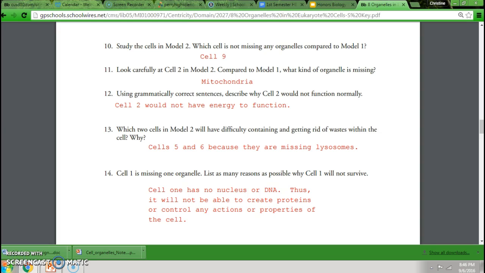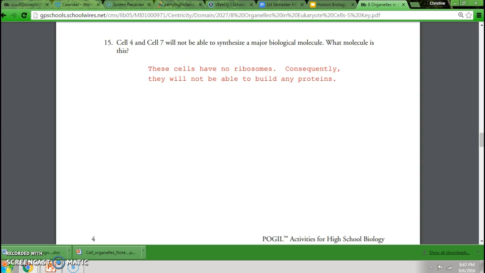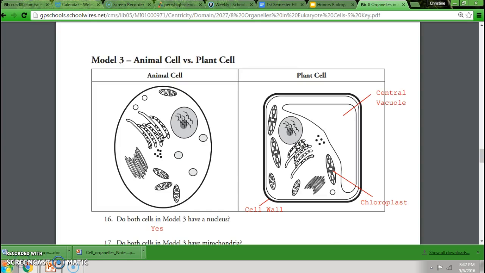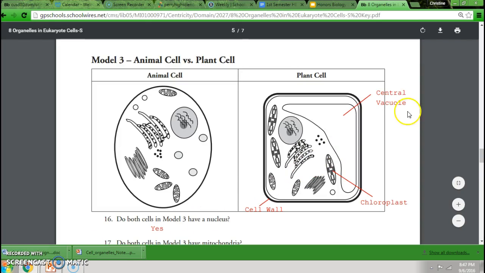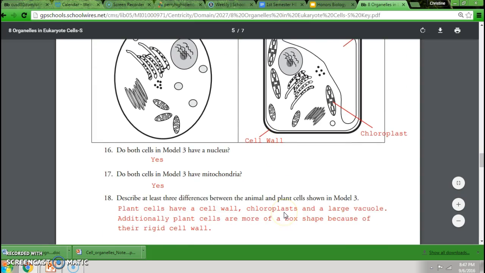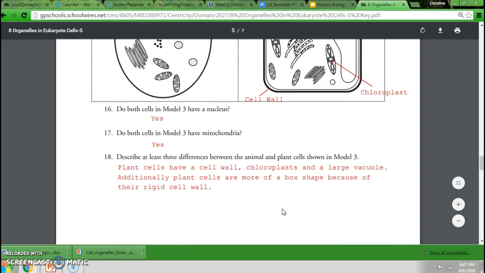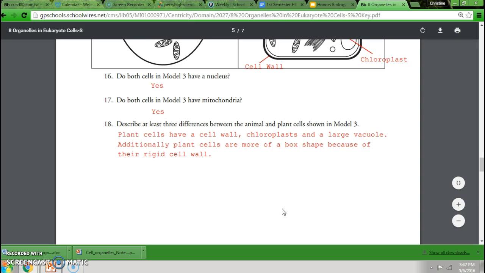Here's questions 10 through 14. Question 15. Labeling the plant cell, central vacuole, chloroplast, and cell wall. Then questions 16 through 18.